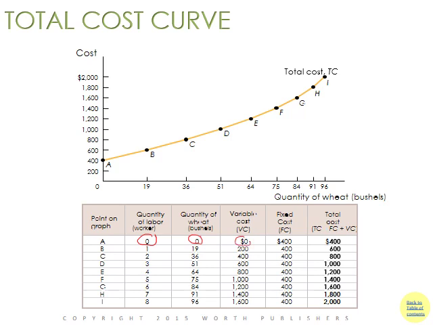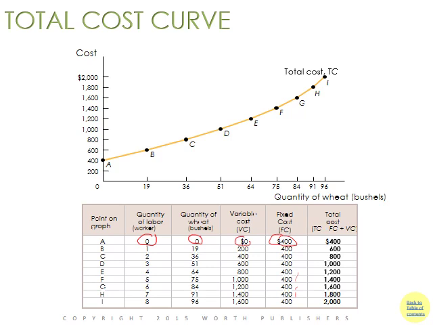And our fixed cost is $400. If land is our fixed input, this is a payment to our fixed input. And you can see our fixed cost stays the same regardless of how much wheat we're producing, because it's a payment to a fixed input, and that amount of that input doesn't change in the short run.